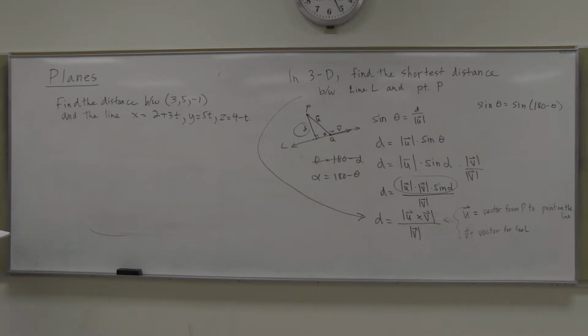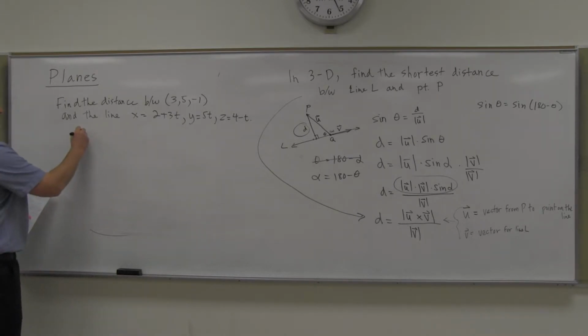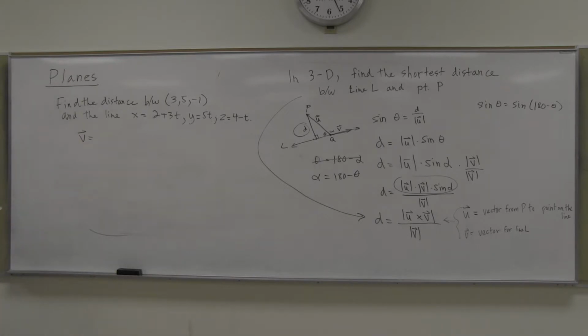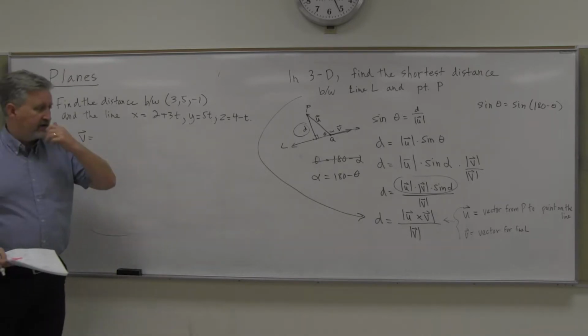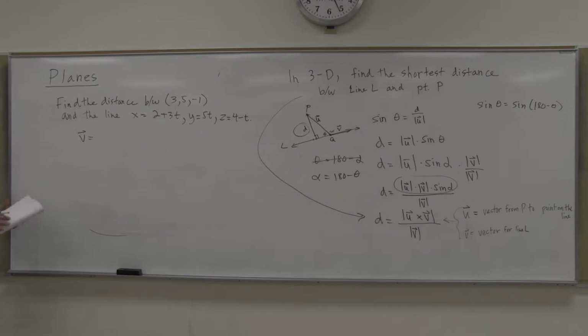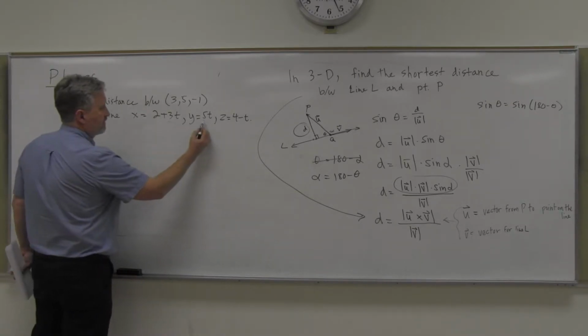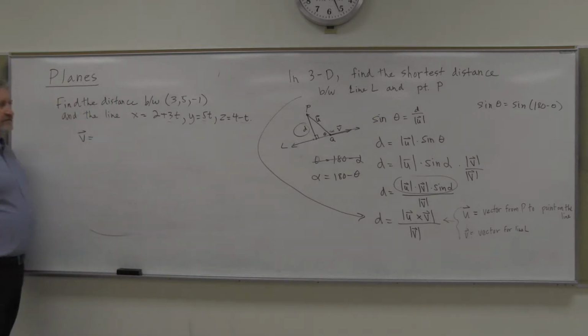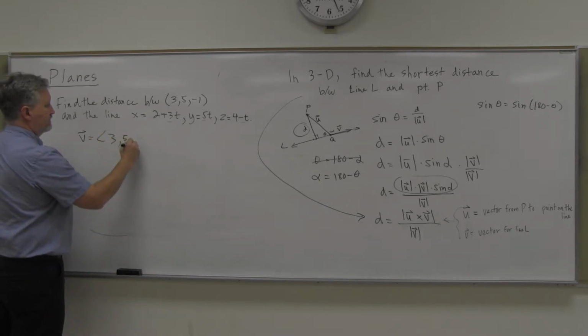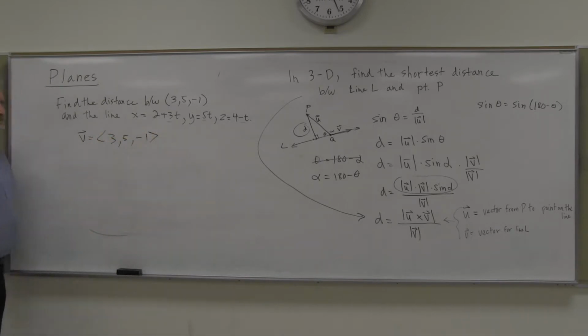All right, so start with the easy one first. What is the vector of our line L, what we call v? Well, because of the way these lines are constructed, the coefficients of the t, we can use for vector v: (3, 5, -1).